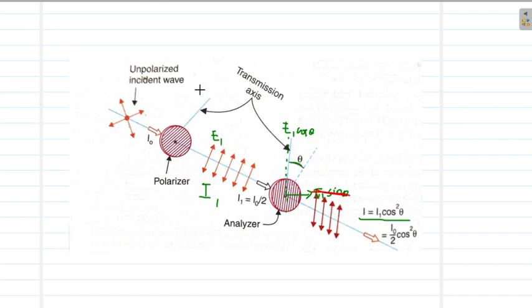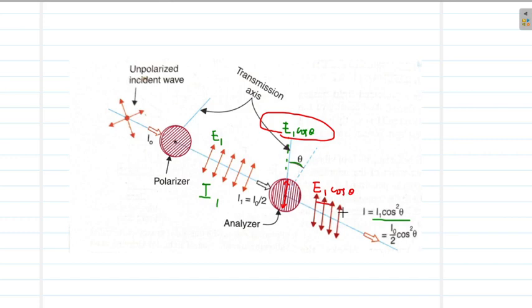E1 cos theta component is of course aligned along the direction of the transmission axis, and as a result we have a plane polarized light at the output side again, with its plane of polarization aligned along the direction of the transmission axis and its amplitude equal to E1 cos theta. Because as we have said, only the E1 cos theta component of the electric field will be able to pass through.